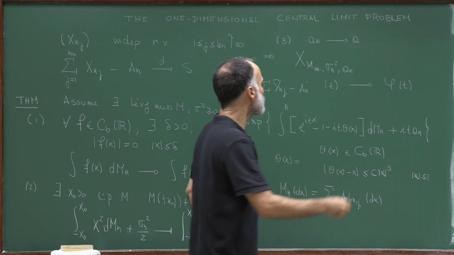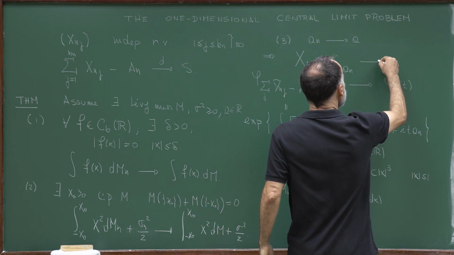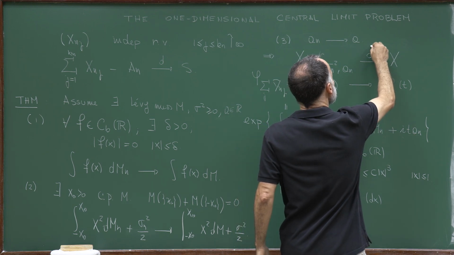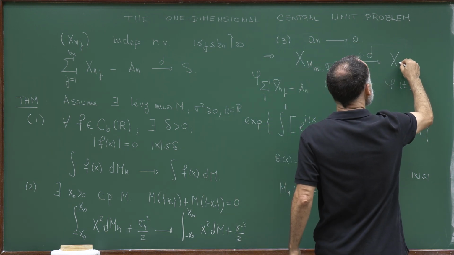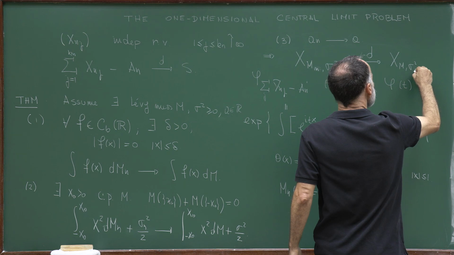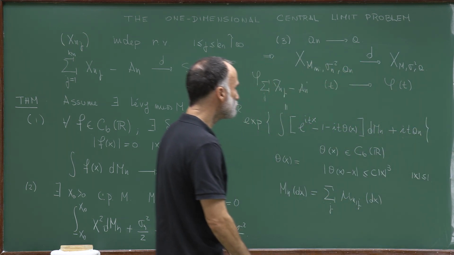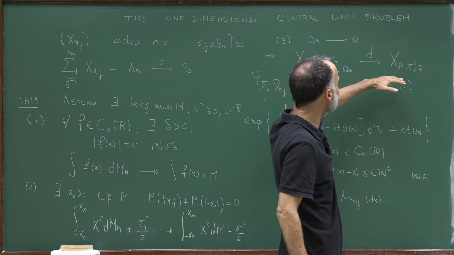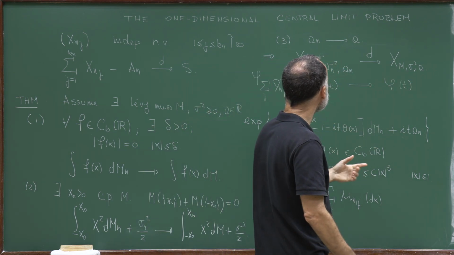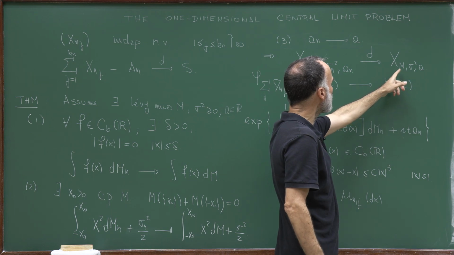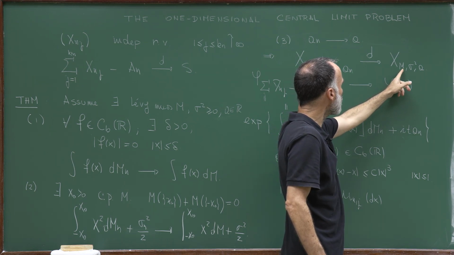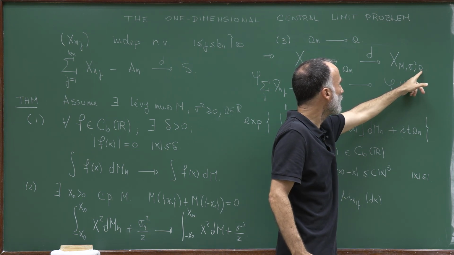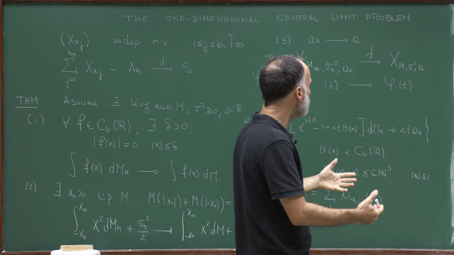Then this sequence of random variables converge, in distribution, to a law which is the law associated to M, sigma square, A. So we introduced in the previous lecture a family of distributions. We associated to each Levy measure M, non-negative constant sigma square and real number A, a distribution.